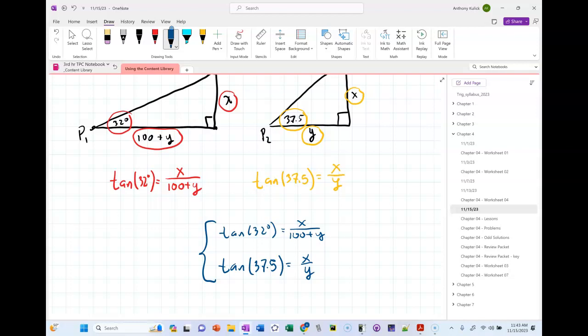Can someone tell me one of those methods that you could have used to solve a system of two equations? It's at least 3 that you would have talked about. Ava. Elimination was one of them. Very good.